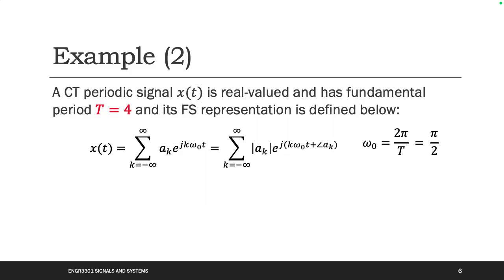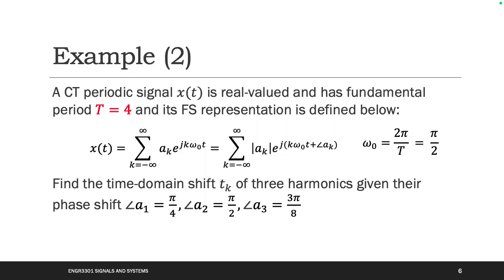And then the question is to find the time shift t_k of three harmonics given their phase shifts, a1, a2, a3. This one is a little tricky. We know this is a phase shift, right? If you add an angle here, this is the phase shift. That makes sense to you?